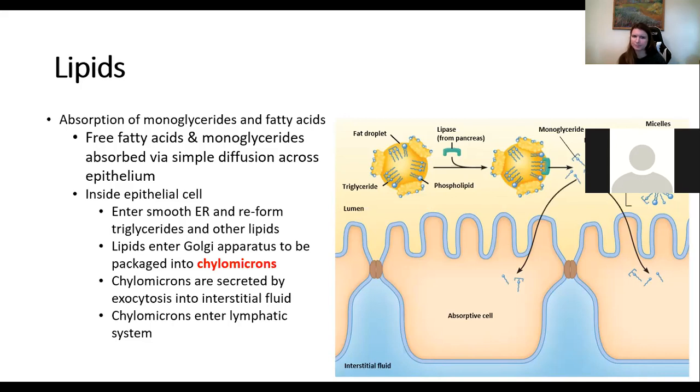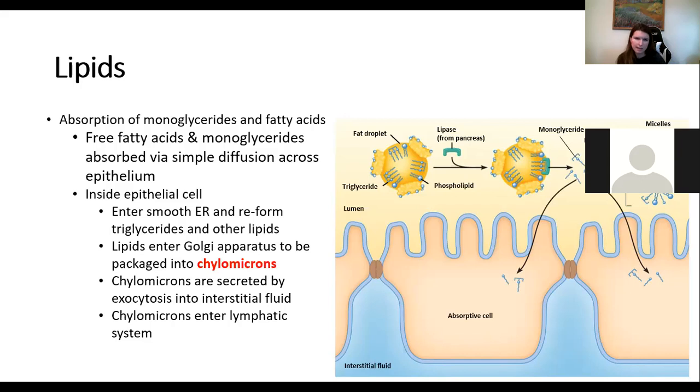Okay, so some of these fatty acids and lipids are being turned into chylomicrons in the Golgi, and then they're going to get secreted by exocytosis. They're going to get packaged into a vesicle. That vesicle is going to merge with the cell membrane and spit out our chylomicrons. Our chylomicrons are then in the interstitial fluid, but they're pretty big, clumps of lipid and protein.